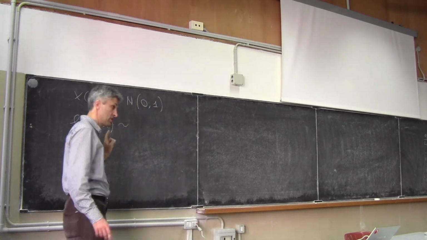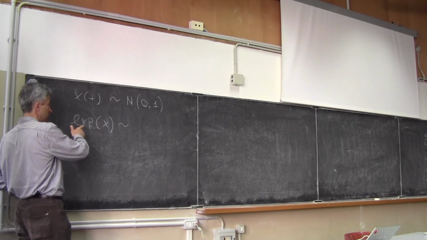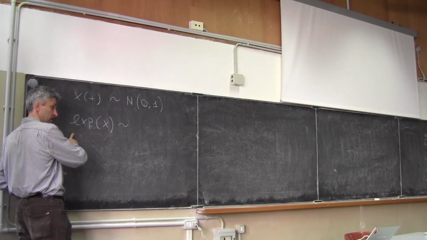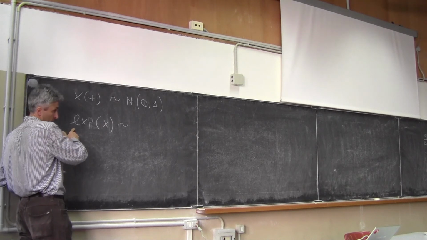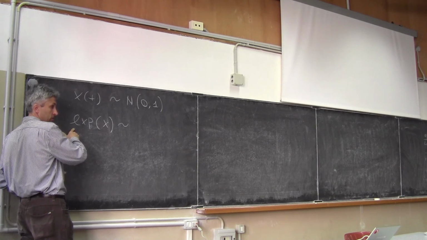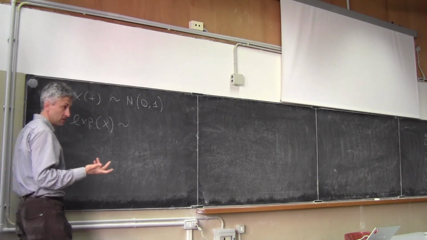We obtain another distribution which is no more Gaussian because the exponential is non-linear. If I apply a linear transformation, the distribution will be still Gaussian. But given that the exponential is non-linear, the distribution that I obtain is not Gaussian. And in fact, it's a distribution which is called the exponential distribution.